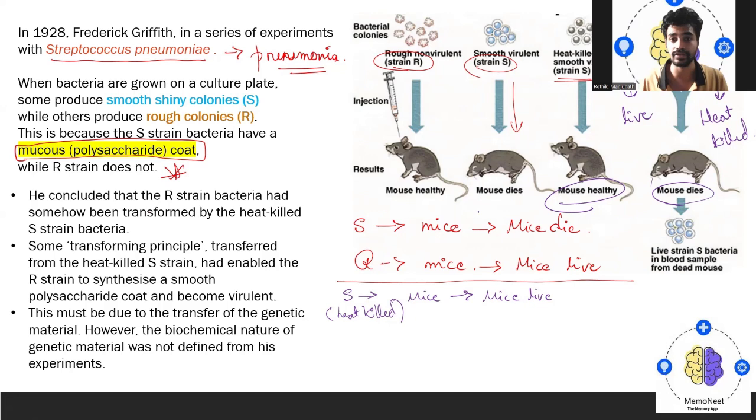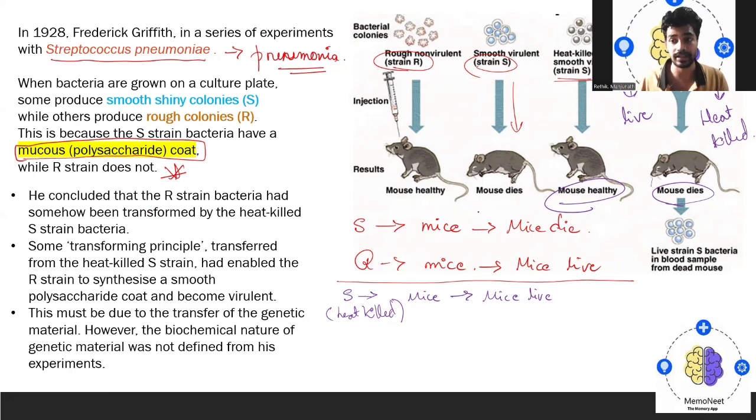Now, this heat killed S strain: by seeing that experiment, when the S strain was heat killed and injected, again we got to know that the mice was able to live even though it had been injected with S strain. That means heat killed bacteria will also not affect the mice. So that is what we have understood.